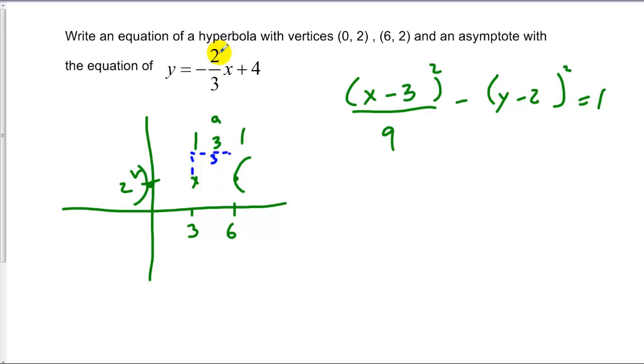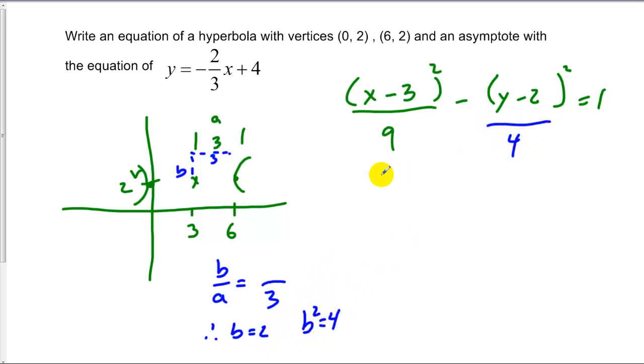And it just so happens here that I have a slope of B over A equaling something that has a 3 in the denominator. Therefore, B's got to equal 2, and B squared then is equal to 4. So now I have my equation for my hyperbola.